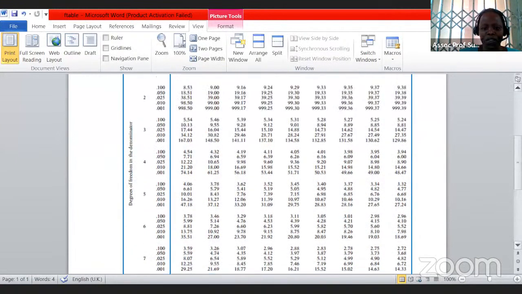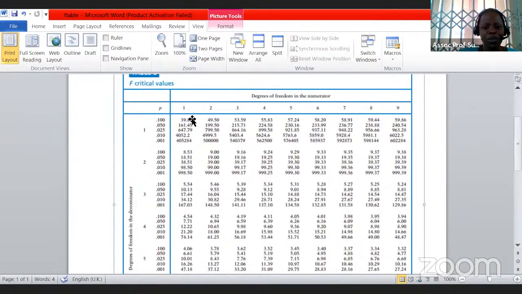Apparently this goes up to 7, so let's use 7. If our numerator is 1 and the denominator is maybe 3, you go to 1, scroll down to 3 and look for the probability. These values where there is P are probabilities. So at probability 0.05 with 1 and 3 degrees of freedom, the tabulated F value is 10.13.